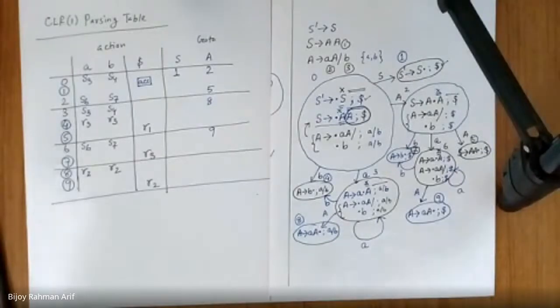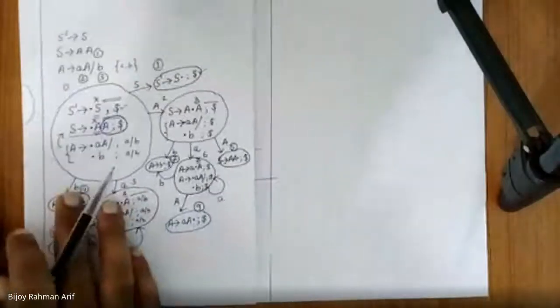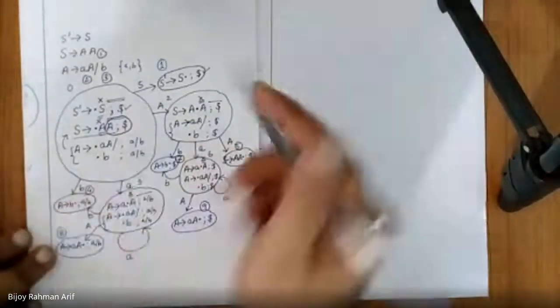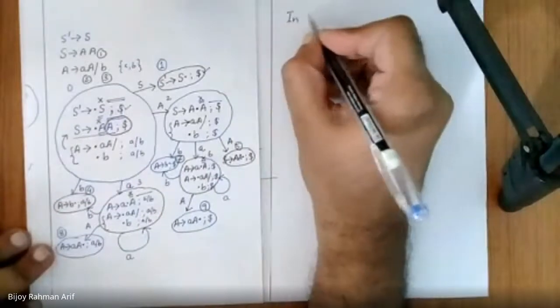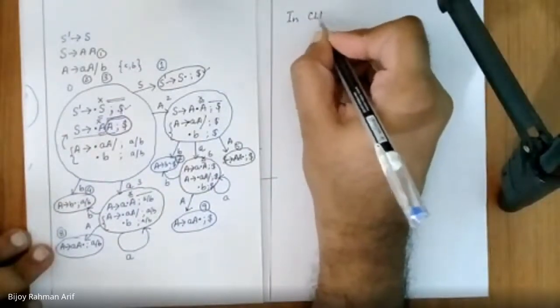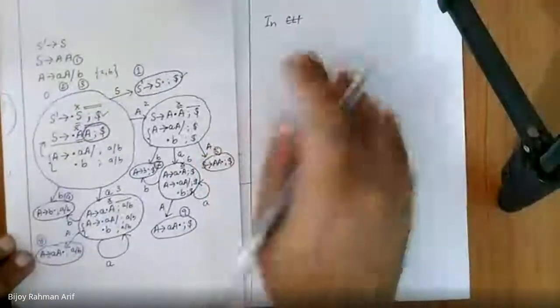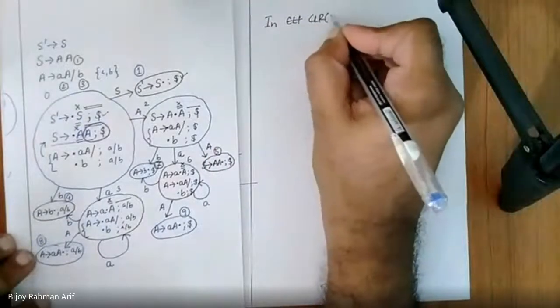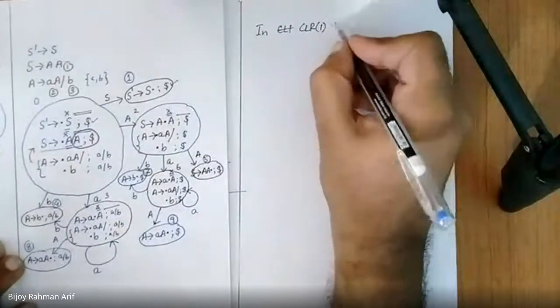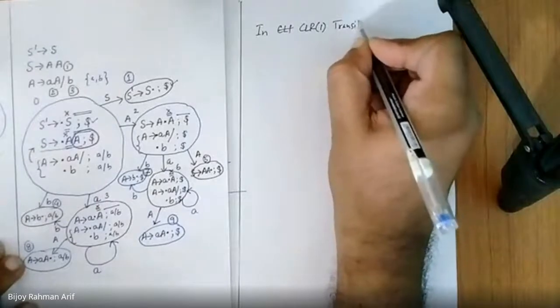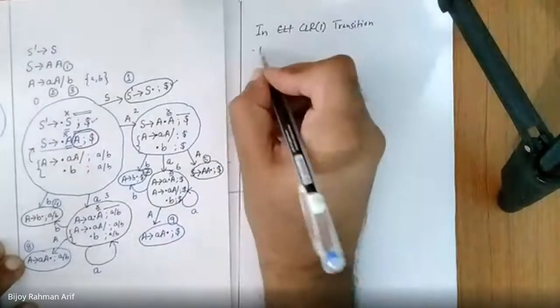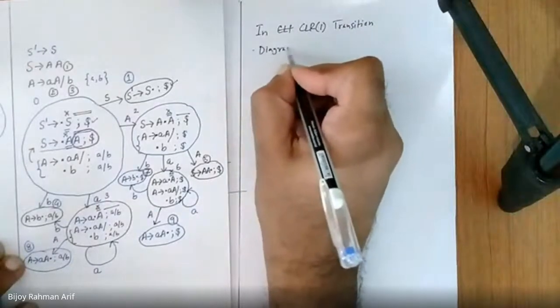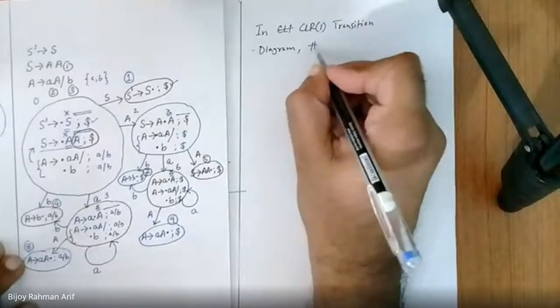Now, there's a big catch there. In CLR1, now let's say the CLR1 transition diagram. Number of states is what?